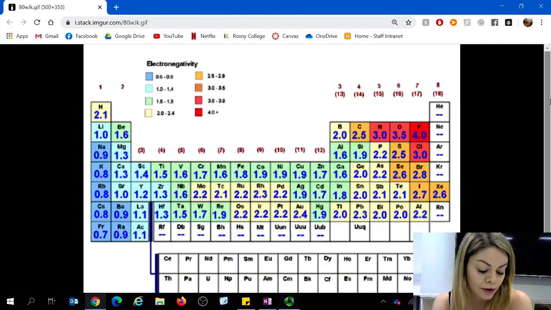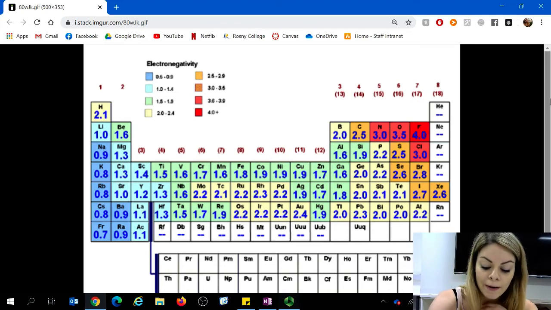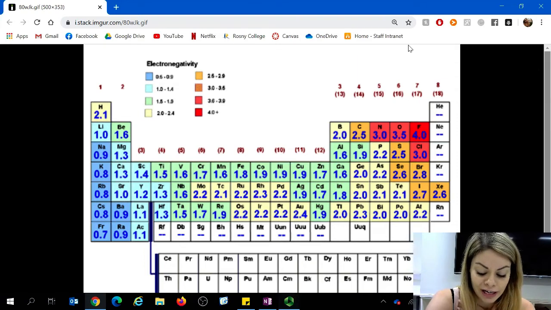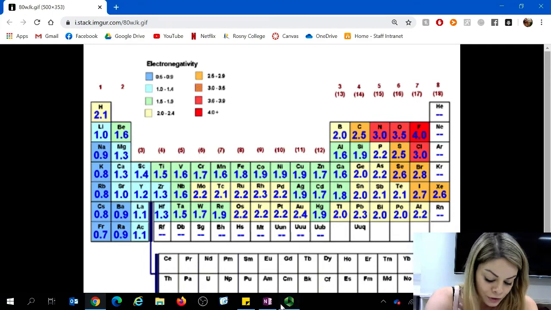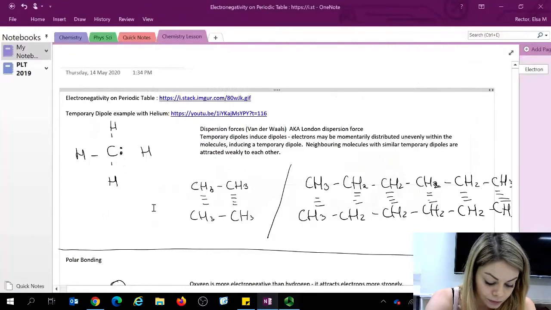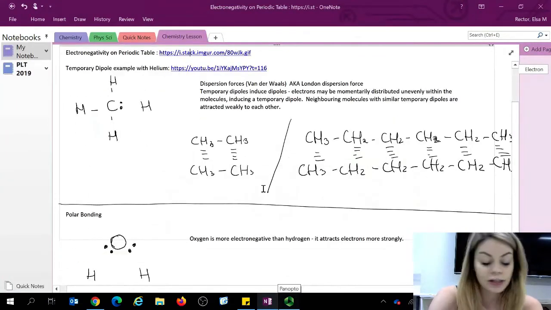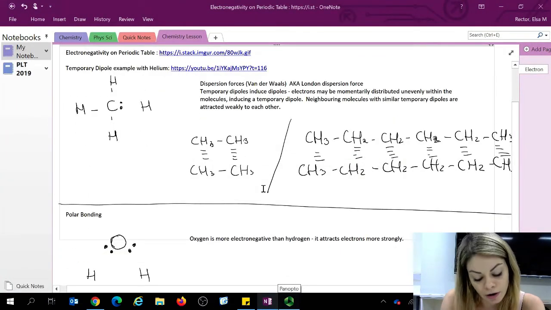Okay, so if we look at the difference between oxygen and hydrogen, which are our 2 elements that we have in water, there's a big difference in electronegativity there. So 2.1 compared to 3.5, there's a big difference in electronegativity. So that's why the electrons sit much closer to the oxygen.